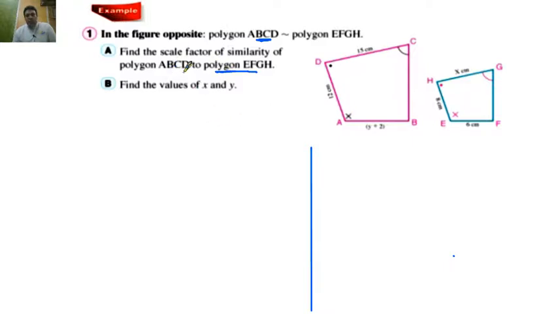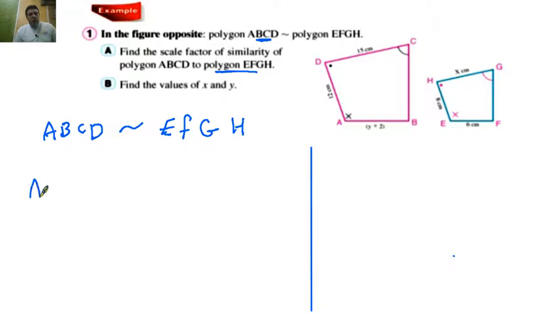From the similarity, polygon ABCD is similar to polygon EFGH. The two polygons are written in the same order.